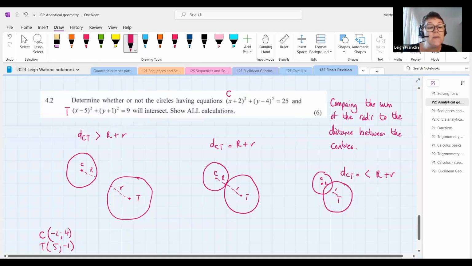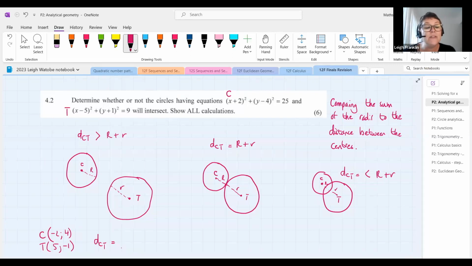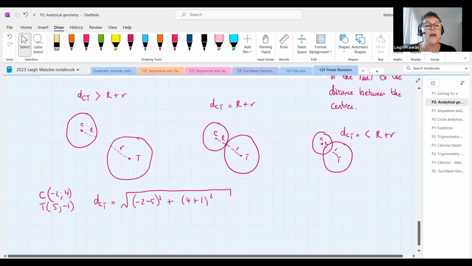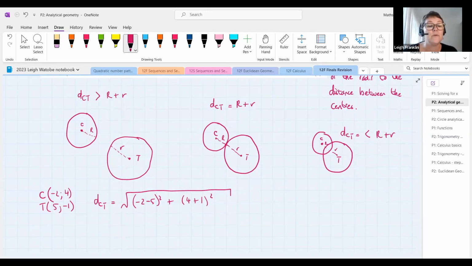So the first thing we're going to do is calculate the distance between the centers using the distance formula. So we would say (−2 − 5) and (4 + 1).